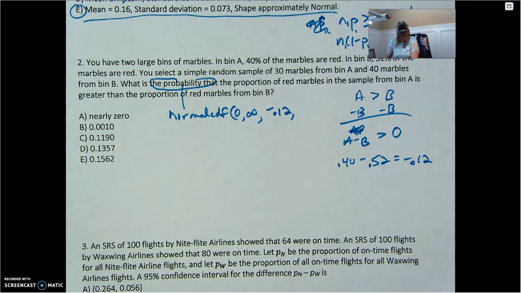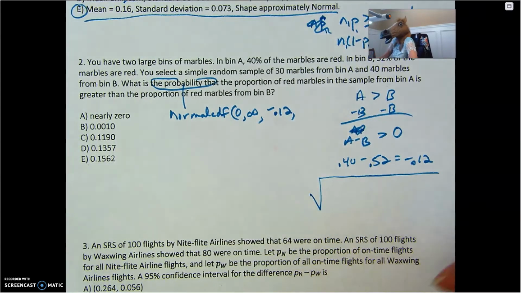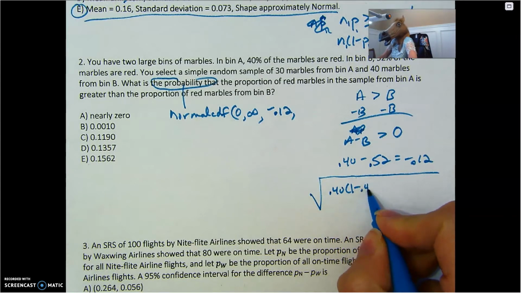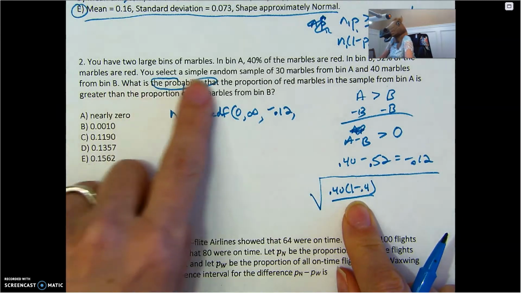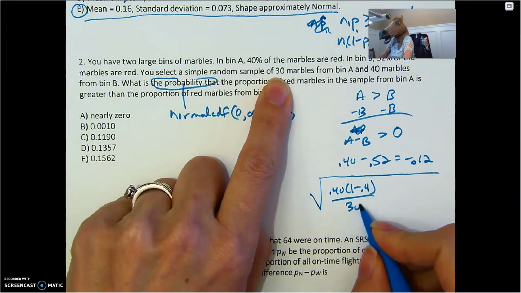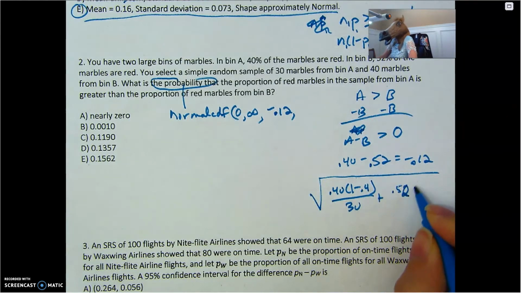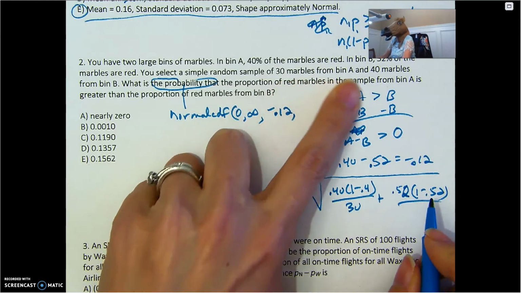And then the last thing I have to find is the standard deviation. So giant square root, we have 0.4, 1 minus 0.4, all over the sample size for bin A, which was 30. Then we have 0.52, 1 minus 0.52, all over the sample size, which was 40.